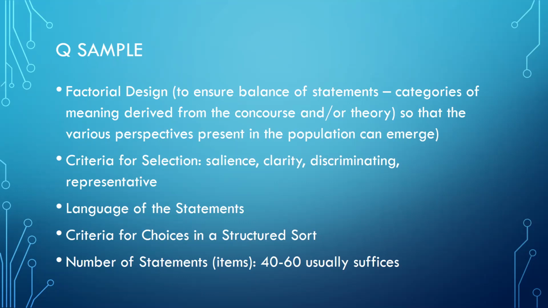You would take representative statements that describe the different personality types of those Big Five concepts, and use those statements that represent those Big Five as your Q sample, your Q set. So you look at the language of the statements.